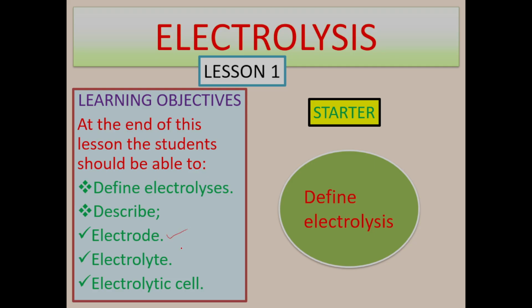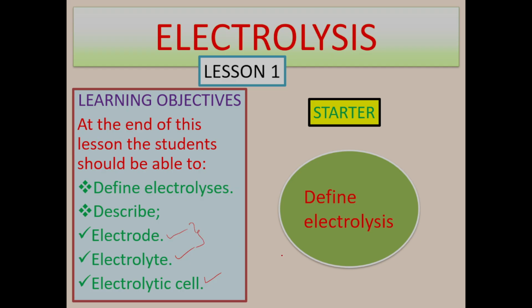Number 1, you should be able to tell what an electrode is. You should be able to tell us what an electrolyte is, and you also should be able to describe an electrolytic cell.